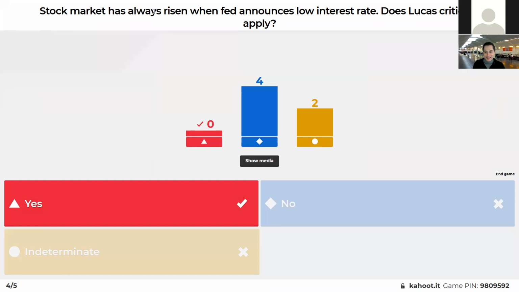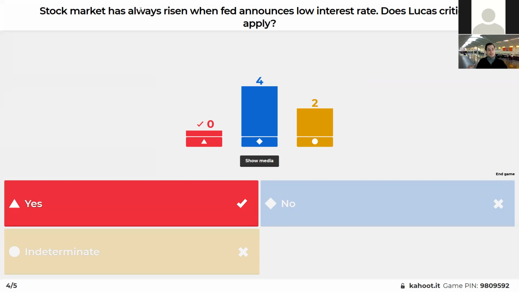Wow, almost everybody said no, but the actual answer was yes. This question was a bit hard to phrase, so I might not have phrased it clearly. But the idea is that the statistical relationship between the stock market level and the Fed's policy rate is the outcome of a lot of underlying relationships: people's expectations, people's preferences, technologies that firms have for producing things, the Fed's policies for changing the interest rates.